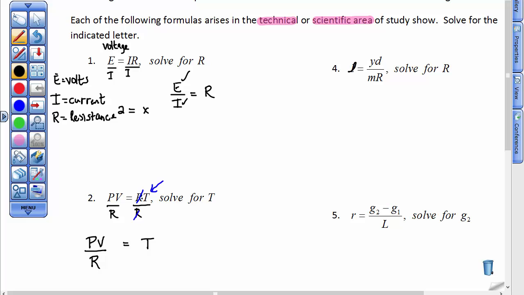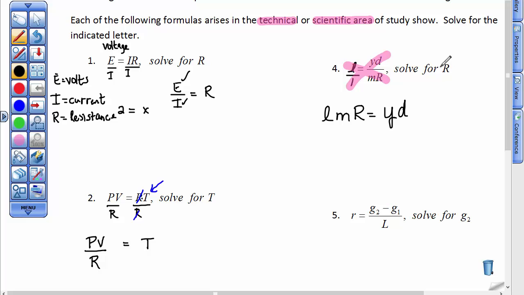This is the letter L, and I like to think of that as L over 1. And therefore, I'm going to set this cross product equal to that cross product. So I'm going to have LMR equal to 1 times yd, which is yd.